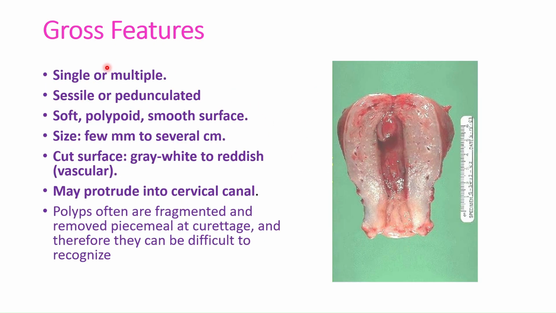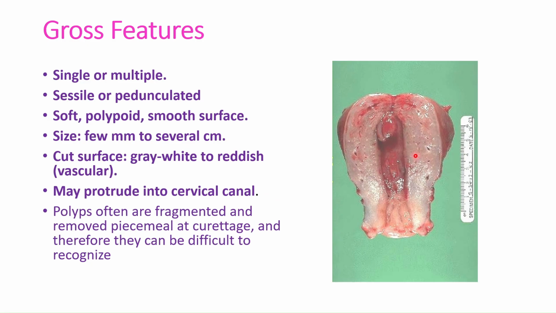Gross features, if we see, they are either single or multiple, sessile or pedunculated, soft polypoidal, having smooth surface, size ranging from few millimeter to several centimeter, cut surface generally grey-white to reddish due to vascularity and may protrude into the cervical canal.